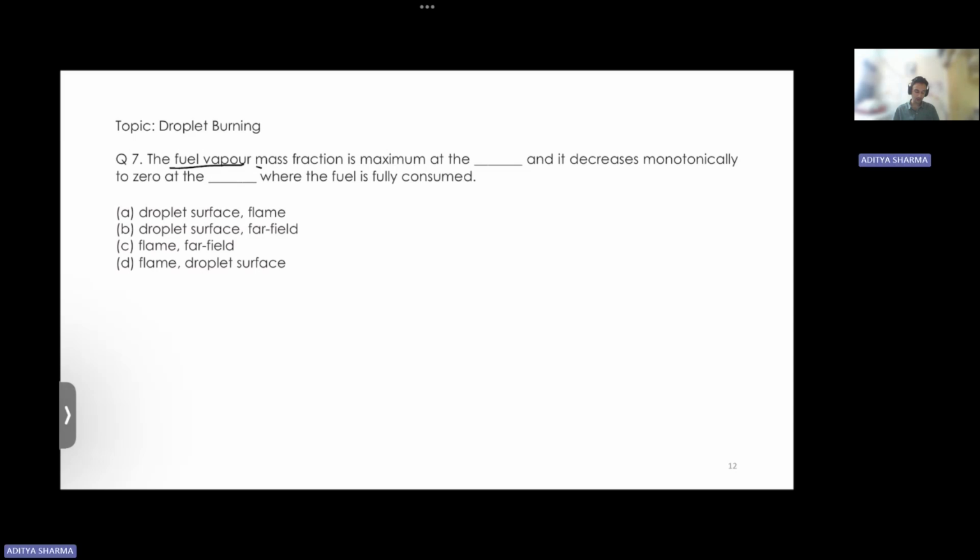Whether it will be maximum at droplet surface or flame, and whether it will be 0 at flame or at far field or at droplet surface. What will be the correct answer to this question?